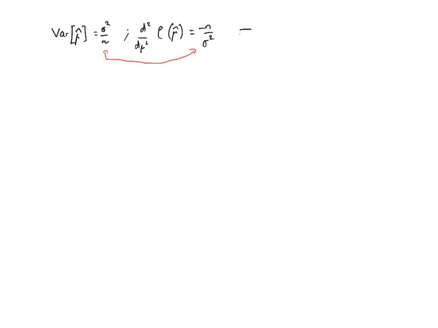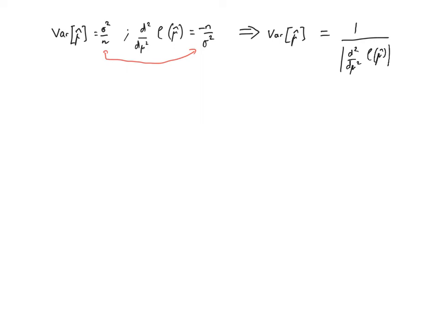And what we can deduce from that is that in this particular case, it doesn't hold for all models, but it does hold in this case, the variance of the maximum likelihood estimate is equal to 1 over the absolute value of the second derivative evaluated at that maximum likelihood estimate.